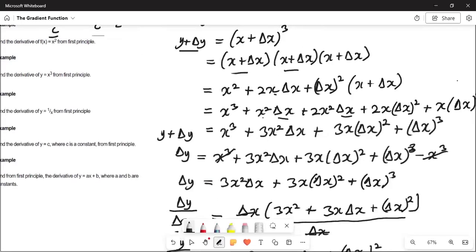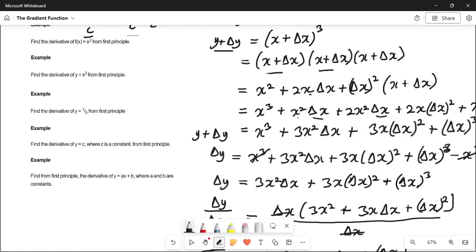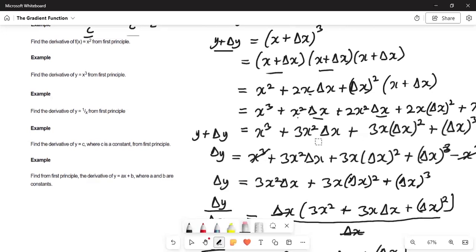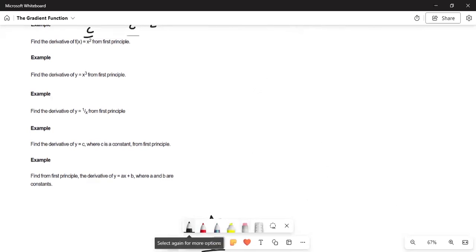And the next example says, find the derivative of y equal to 1 over x from first principle. Let's get some space on this board. Okay, so if y is equal to 1 over x, and we want to take the derivative from first principle, then what will be y plus delta y? That should be 1 over x plus delta x.